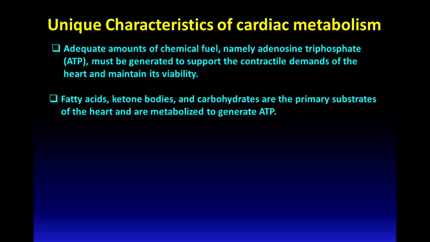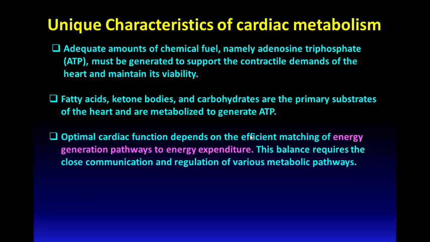Fatty acids, ketone bodies, and carbohydrates are the primary substrates of the heart and are metabolized by the myocytes to generate adequate amounts of adenosine triphosphate.